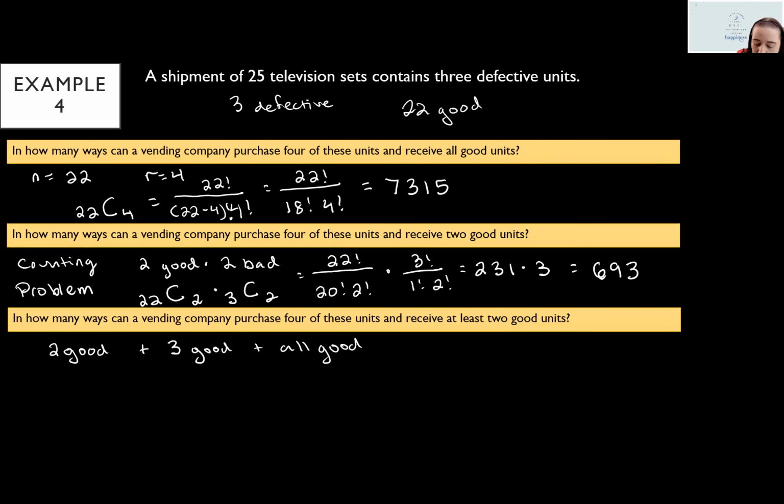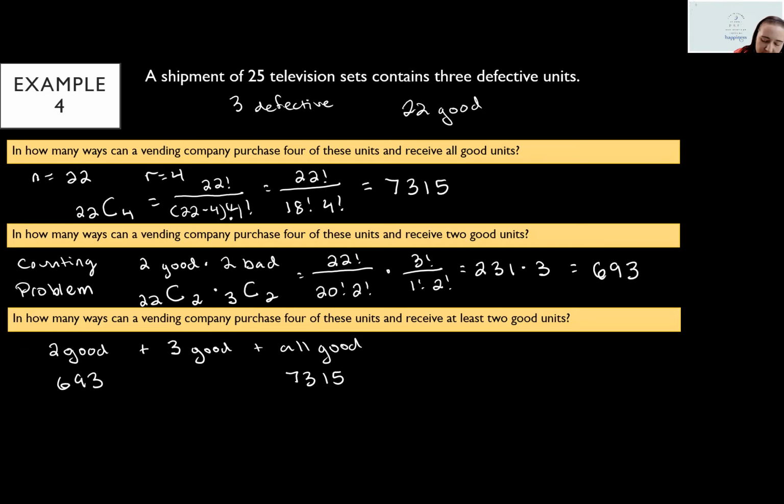We've already calculated 2 good units, that's 693, and all good units, 7,315. So we need to find out how many ways we can get 3 good units.